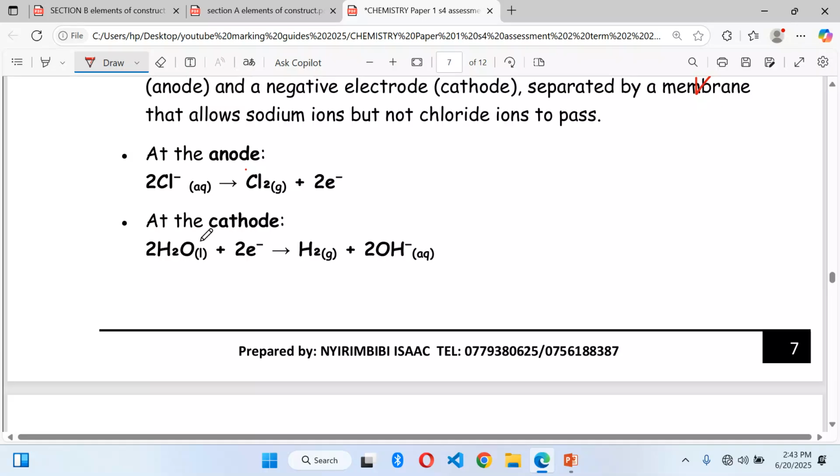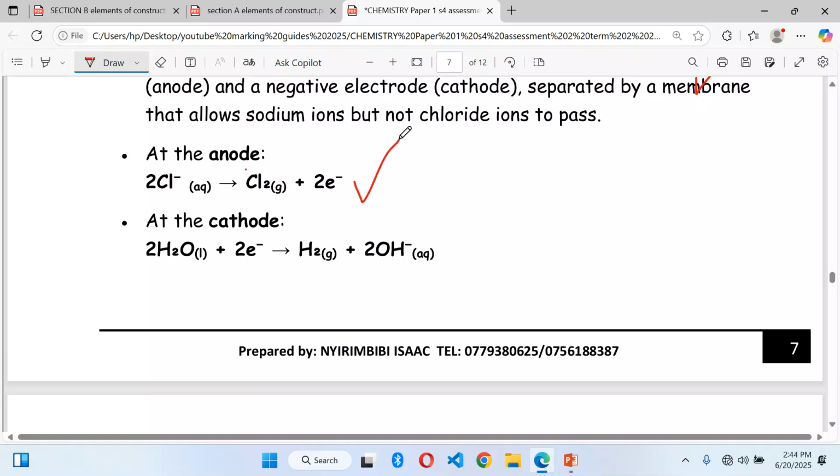At the cathode, we have water molecules which gain electrons, and the water molecule forms hydrogen and then hydroxide.